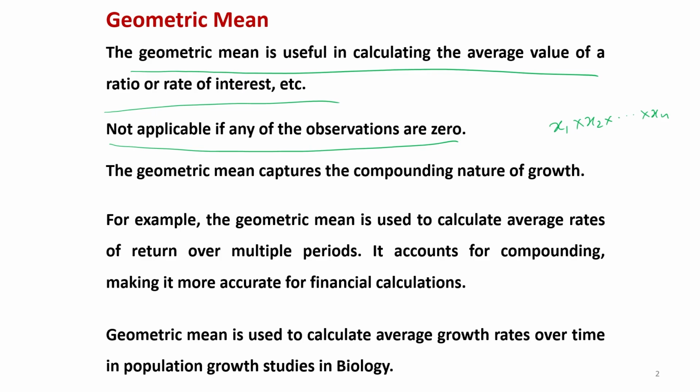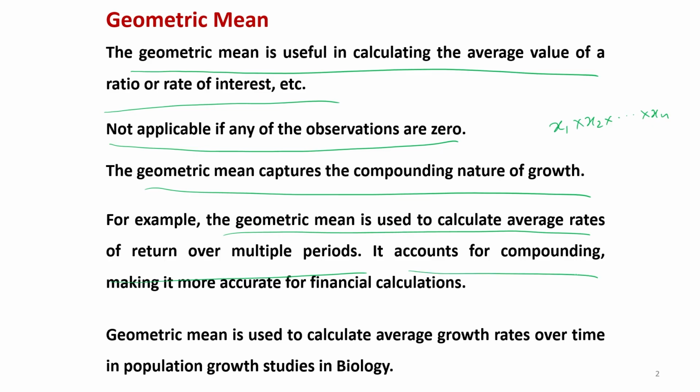The geometric mean captures the compounding nature of growth, and that is the beauty of this measure. For example, if I want to know the average rate of return over multiple periods, then the geometric mean can be used, and it accounts for compounding, which makes it more accurate, particularly in financial calculations.